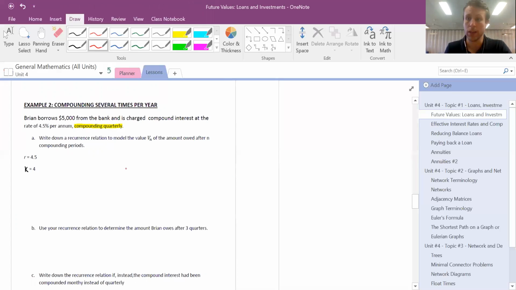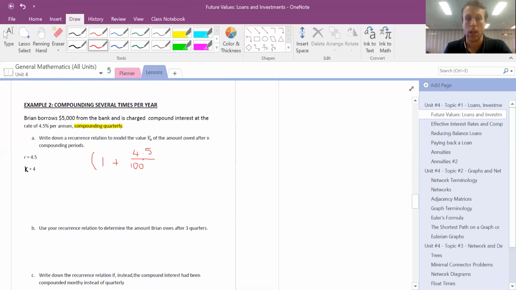So what we need to do is break this down into a yearly thing. We're breaking it down from a yearly thing down to a compounding interest. So what we're going to do first is the same process as before. We're going to get our rate that we would normally do. It's saying 1 plus our rate value, which is the 4.5, and we would normally divide that by 100.